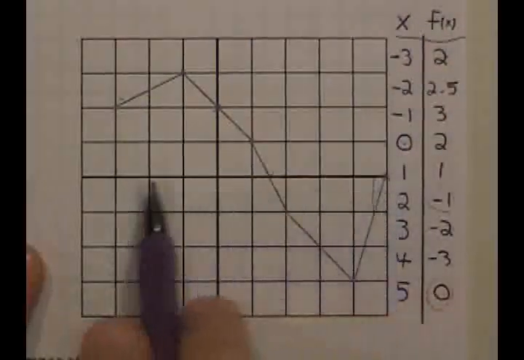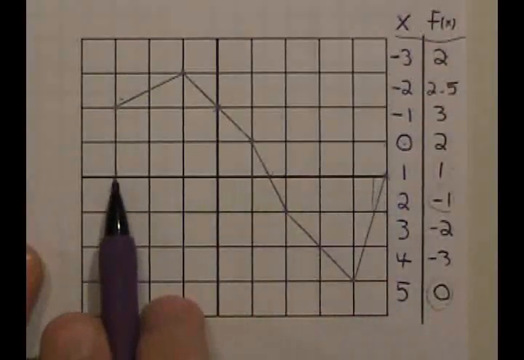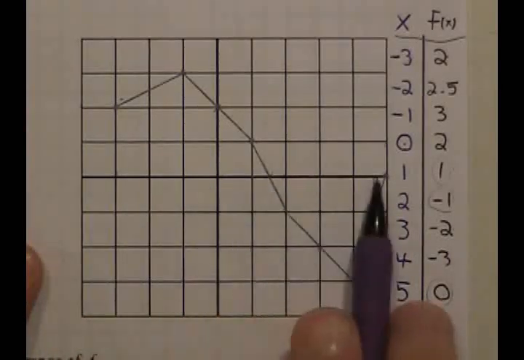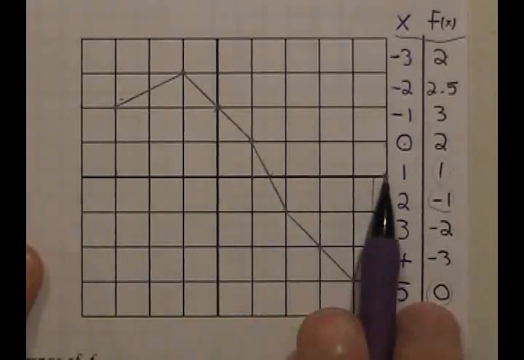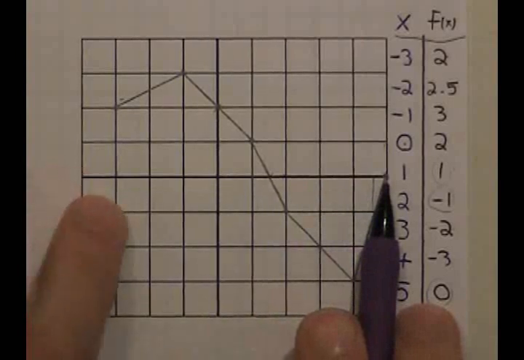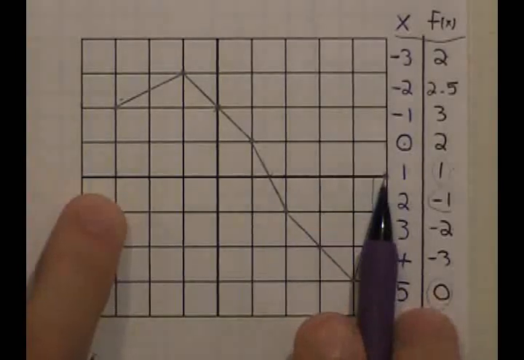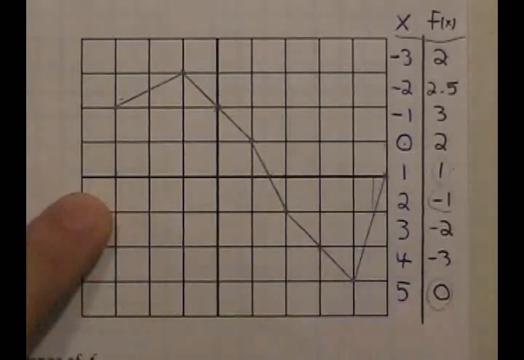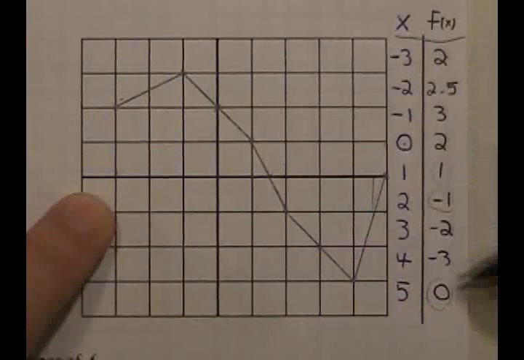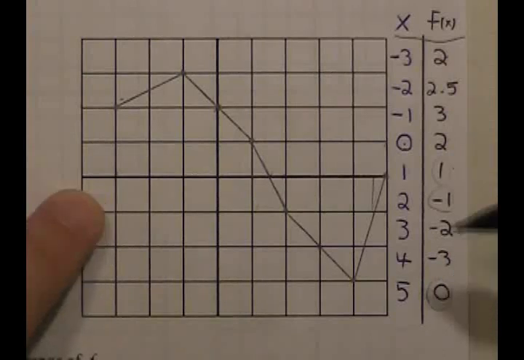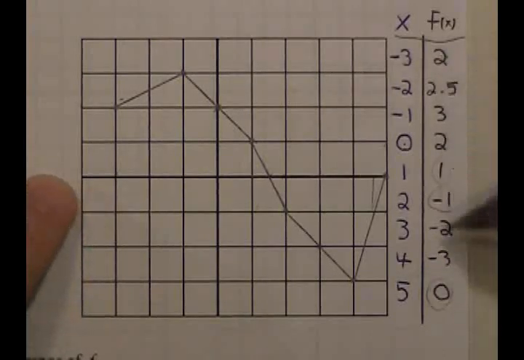So the least value that counts is -3, and the most is 5. So the domain is everything between -3 and 5. And the range is the set of the outputs. So you would just look at this column, and you would try to figure out a way to write down every one of these numbers.